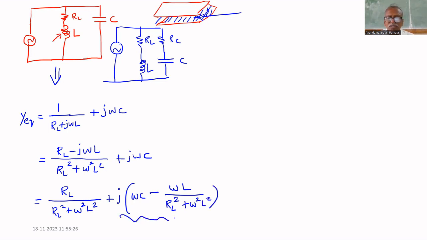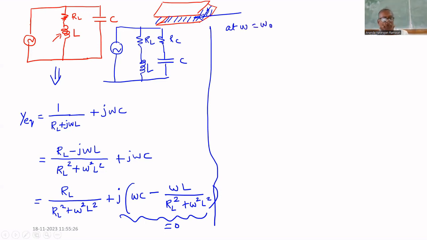At resonance, at omega equal to omega naught, the complex part is equal to 0. Therefore omega C minus omega L divided by RL square plus omega square L square equals 0. Find omega naught.